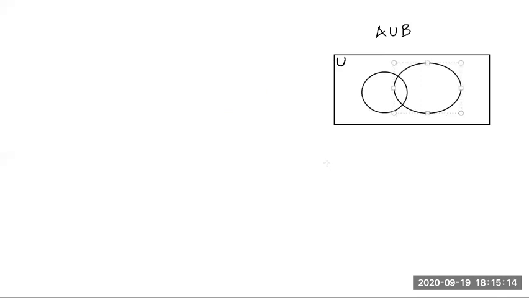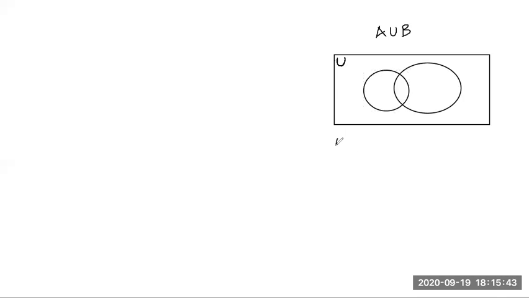Common elements I don't want to repeat. Interestingly, if I write like this, that means these common elements are getting repeated, but I do not do like this. If there are some elements common, I will take them like this. This is the exact representation of A union B.